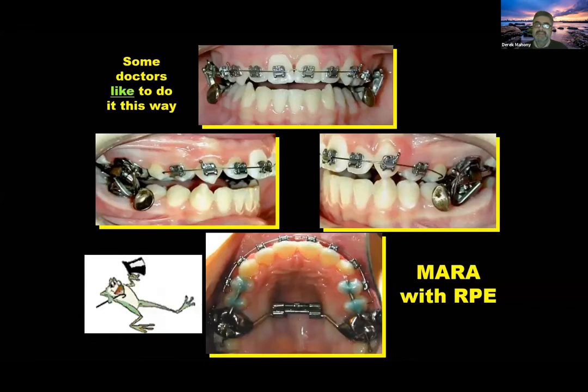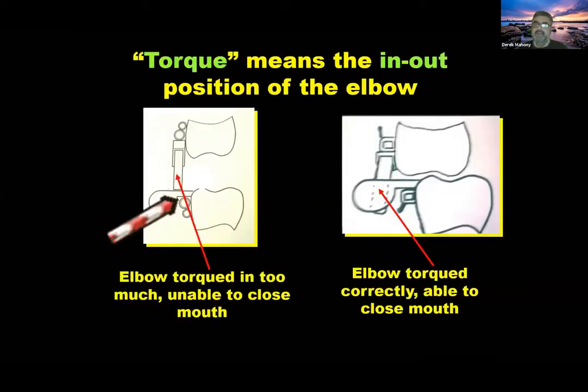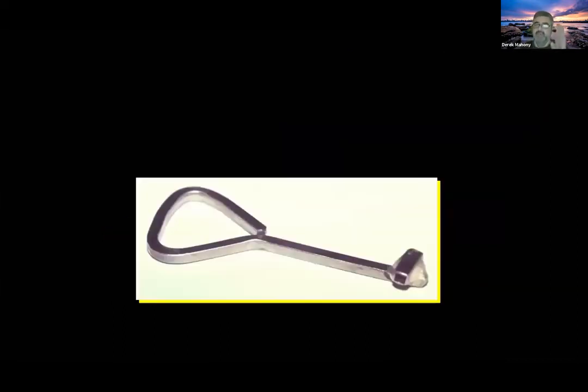You can see here, I like to combine my MARA with an expander if I need to, and then only add the lower component when the width of the upper is good. I band my sixes, and then when I'm advancing, I need to always check from the front of the mouth that the torque of the elbow matches the arm of the lower.